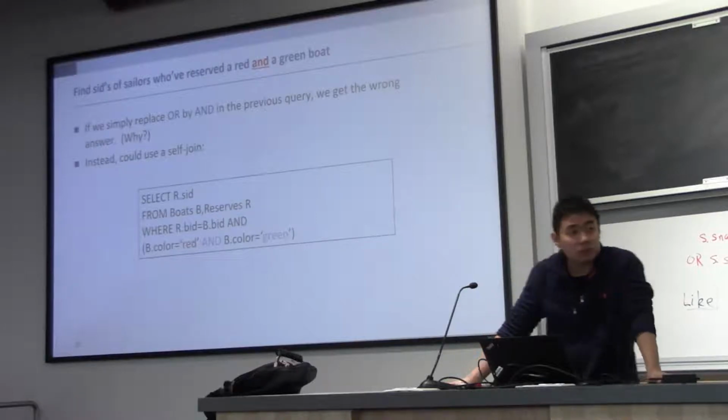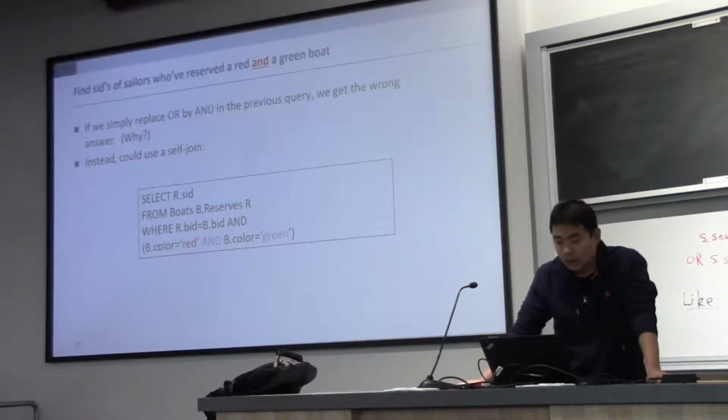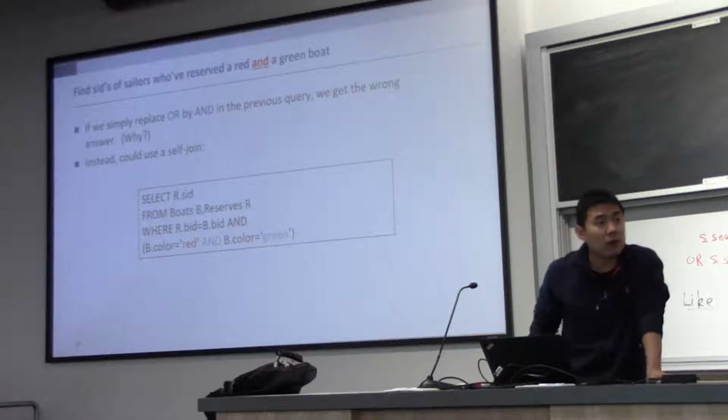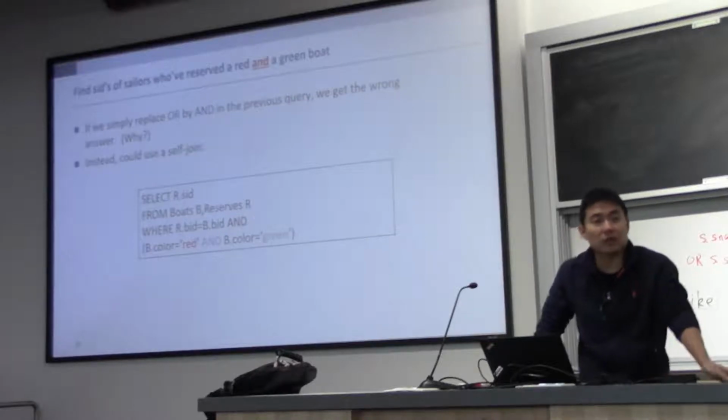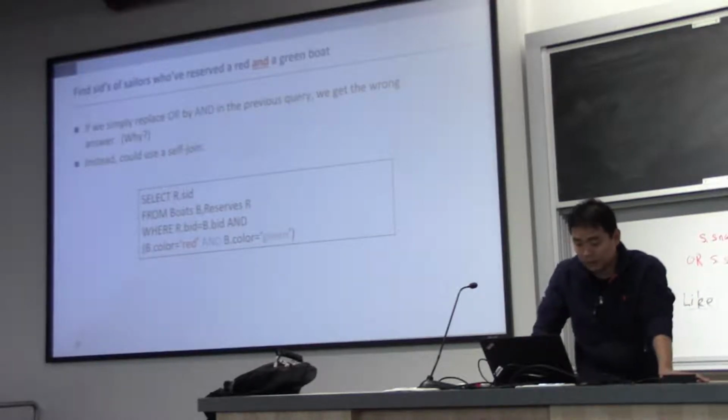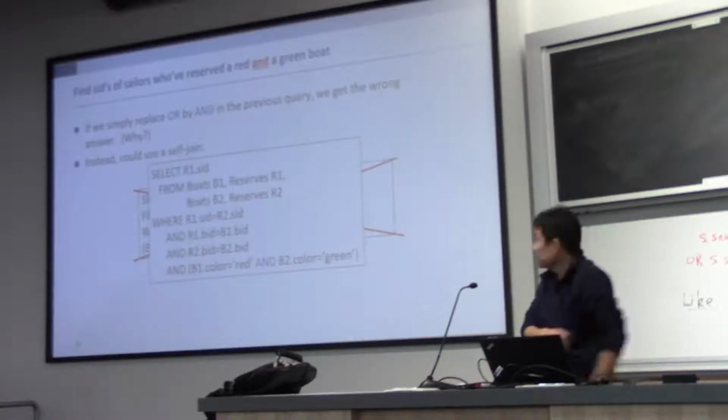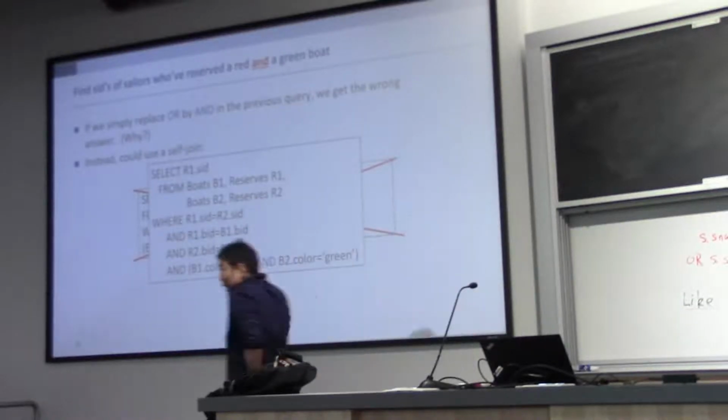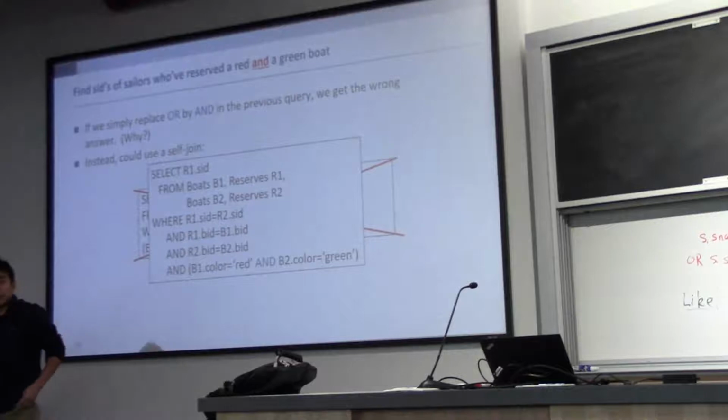What you have to do is to use a self-join or an intersection operator. Let's look at the self-join example first. So the right way to construct this query in SQL is as follows.